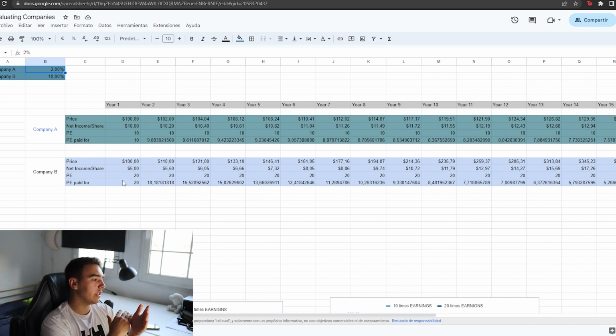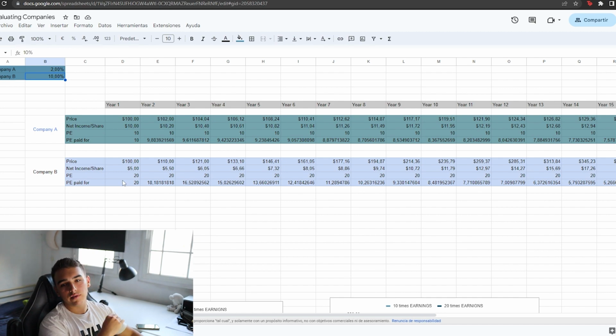And for company B, I have supposed an earnings growth of about 10%. So quite a good company, that is trading at a 20 times earnings multiple. Because if you get $100 and you divide it by $5, you get 20, which is the ratio that we are looking at, price to earnings.